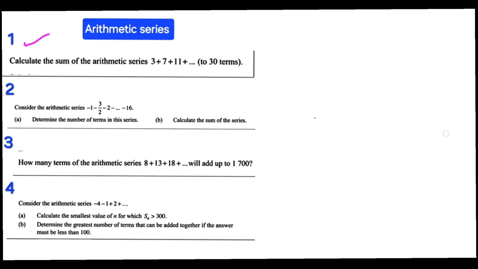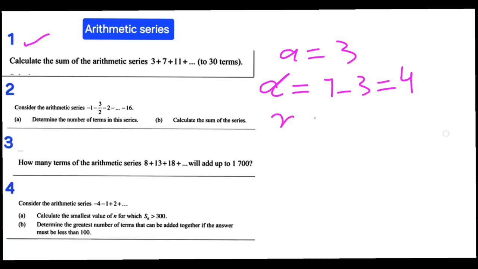Now we need to calculate the sum of the arithmetic series, so we need to identify the given values. The first term is 3, and the common difference we need to find: 7 minus 3 is 4. The number of terms is n equal to 30.